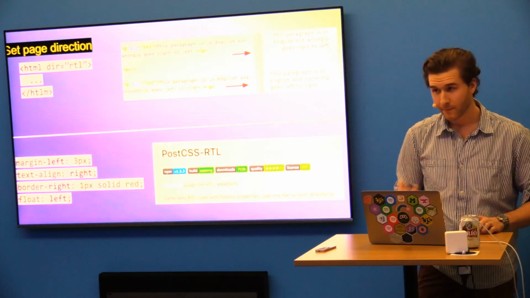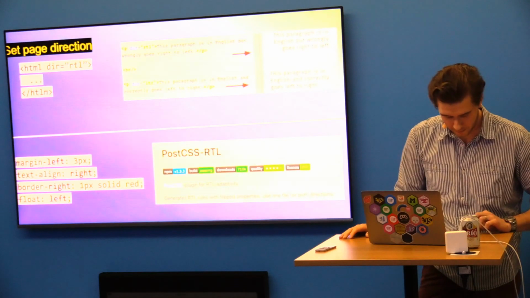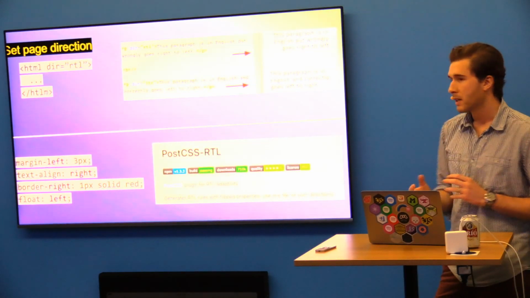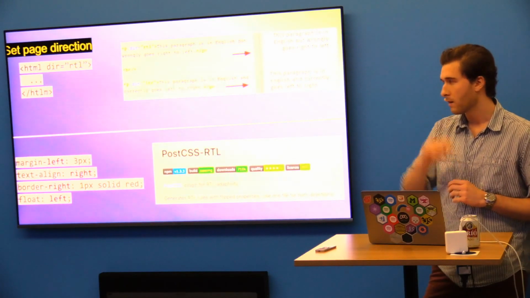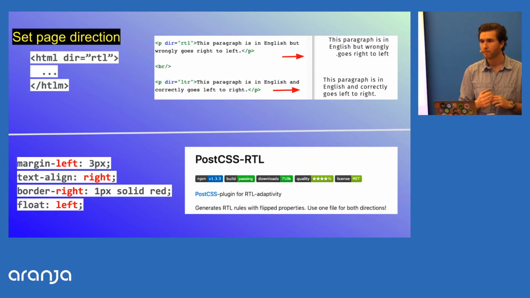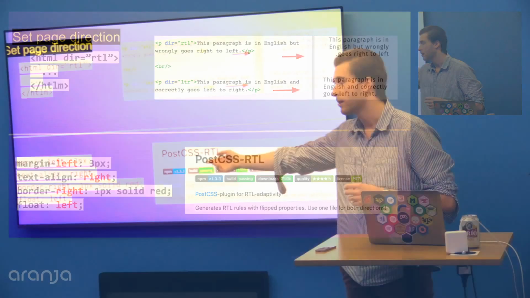But very quickly, you're going to run into a problem, because a lot of the CSS attributes have an inherent direction baked into them, for historical reasons, like margin-left and text-align: right. You see the examples here at the bottom.